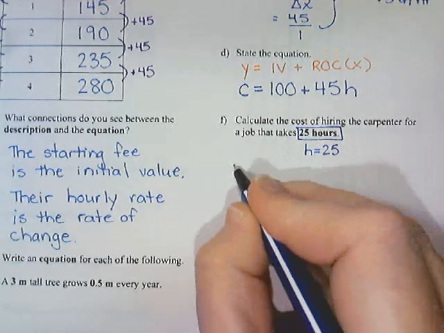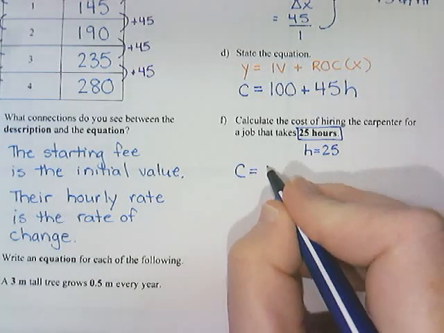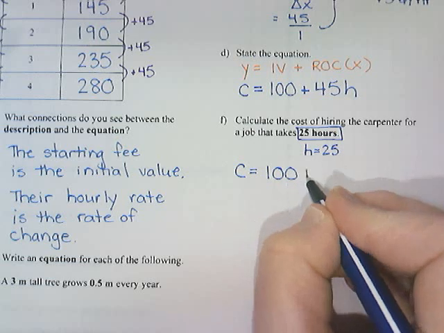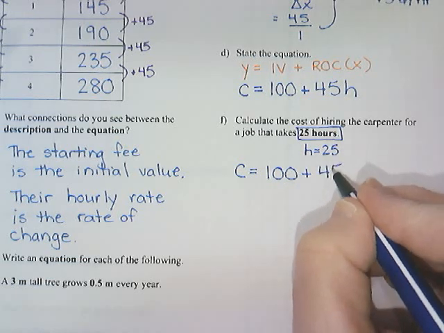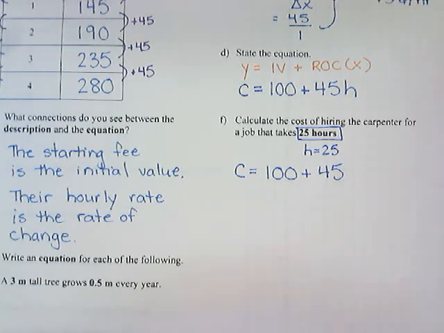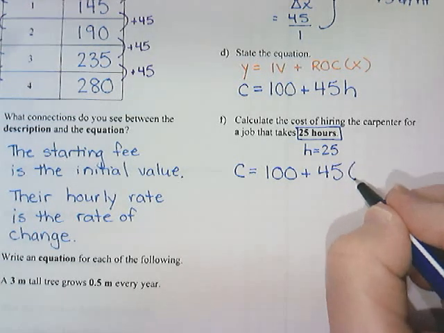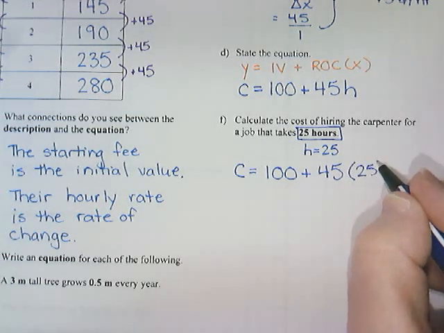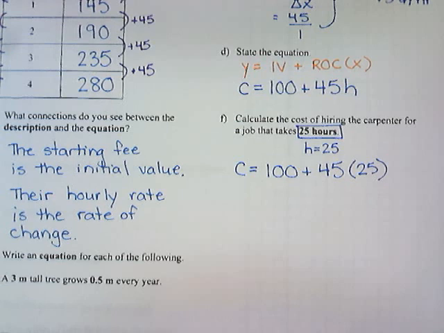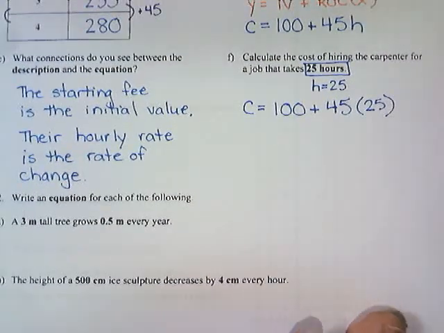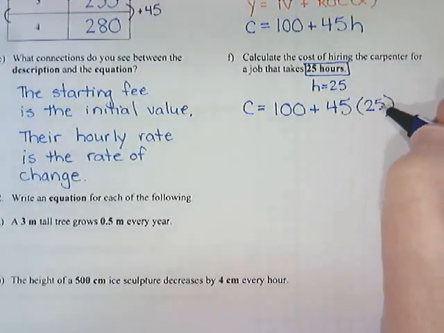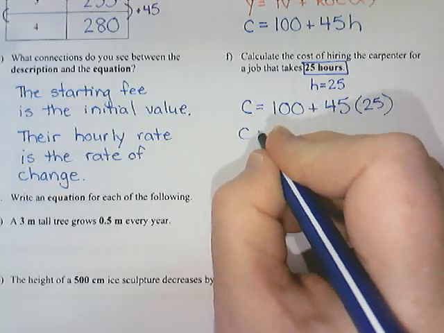So I can take my equation, C equals 100 plus 45H, and everywhere I see an H, we could put in the number 25. So I would do 45 times 25. And say that the cost is $100 to start plus 45 times 25 hours.